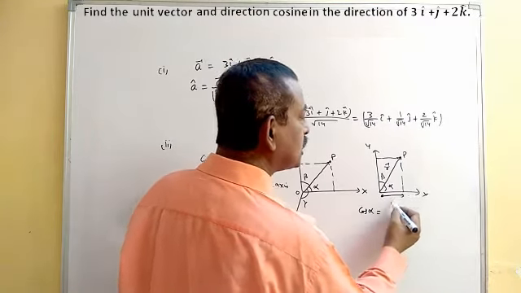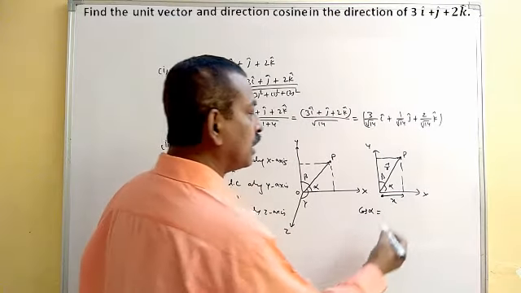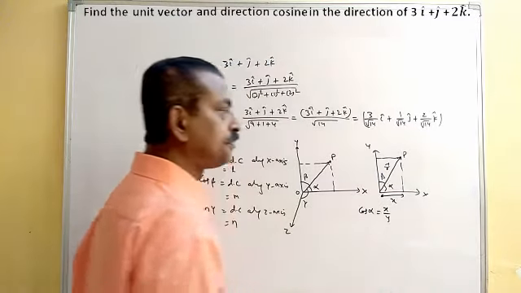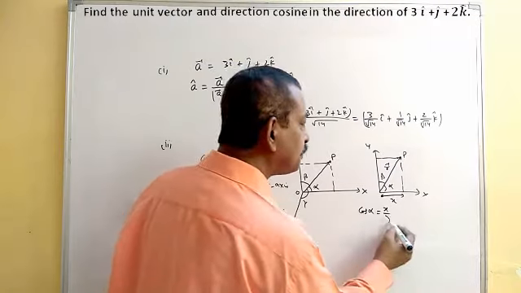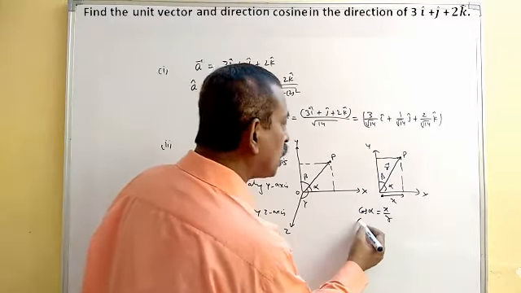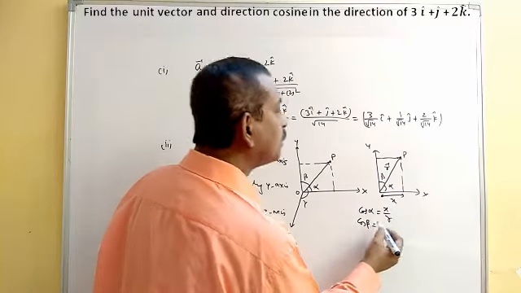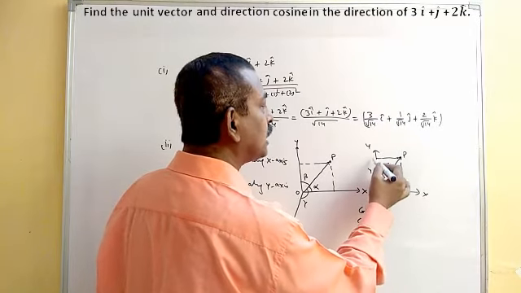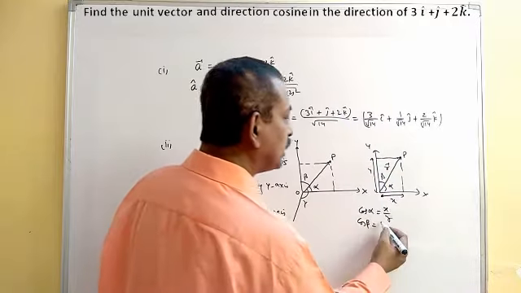This distance is your x, so it is x by r. That is your cos alpha. Similarly, cos beta, if I call this y, is your y by r.